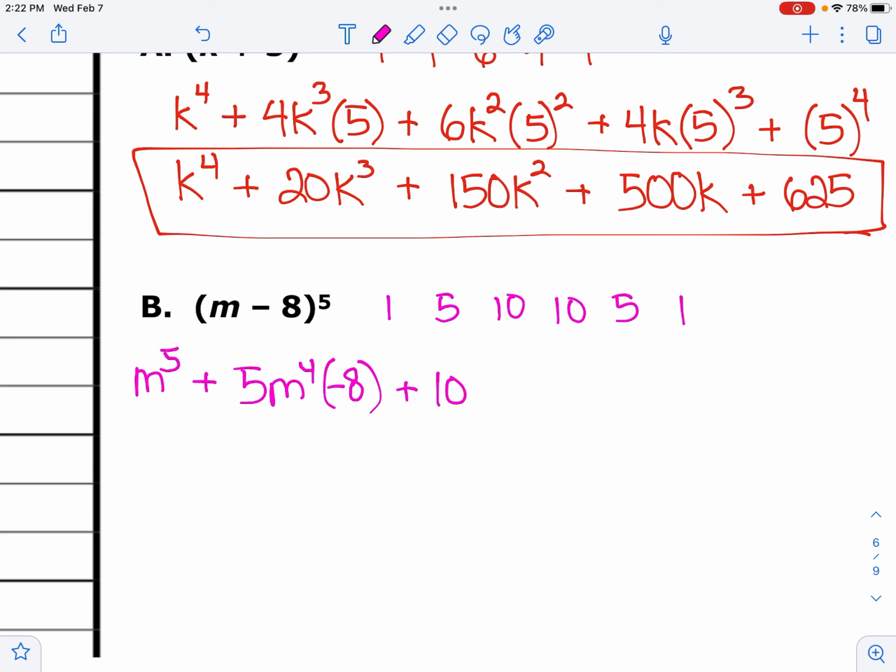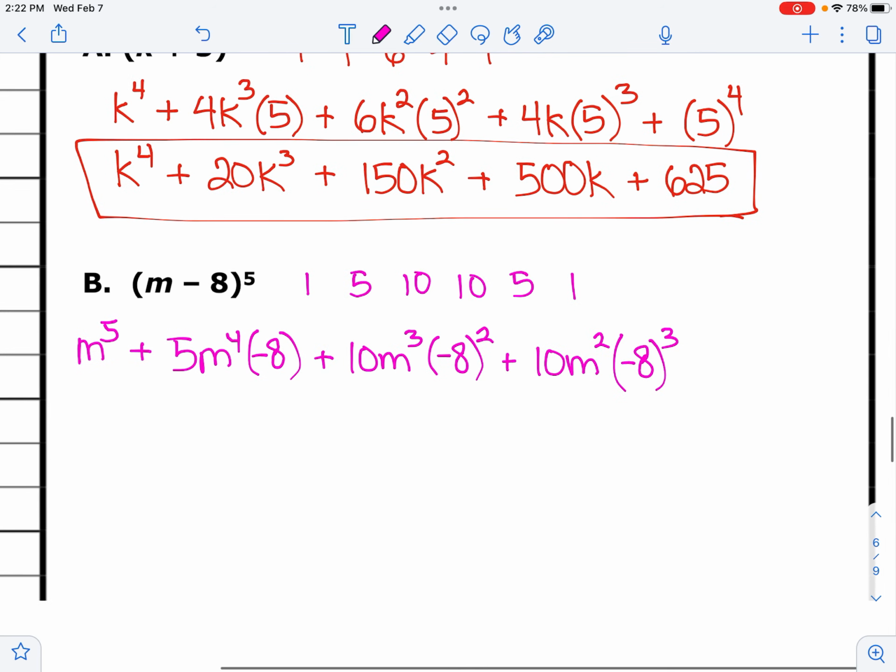Plus 10, writing that coefficient. m to the 3rd, negative 8 squared. Plus 10 m squared, and then negative 8 to the 3rd. Okay?